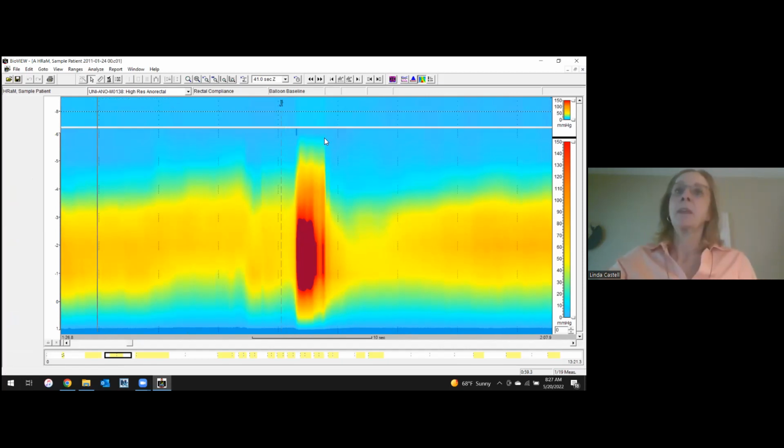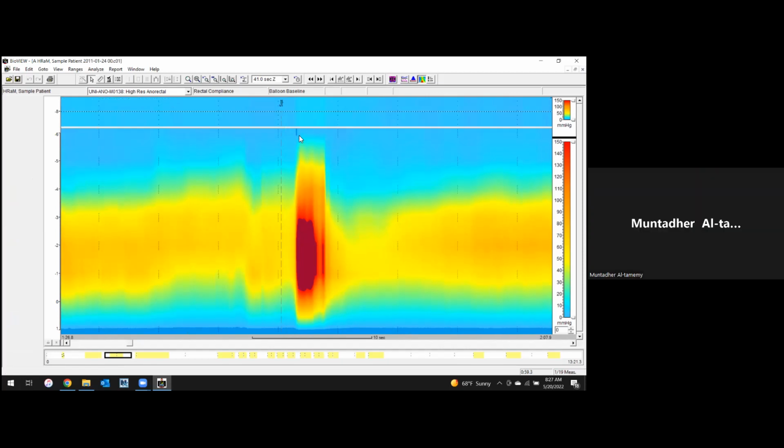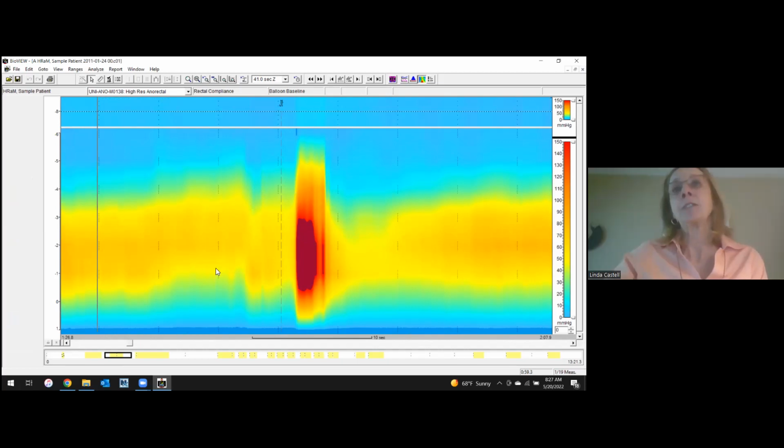If we were doing biofeedback training, strengthening exercises with the high resolution manometry catheter, and we were not using the EMG sensor, this is really effective as well. It's nice, the patients can really see these colors. So it can be very beneficial and effective.